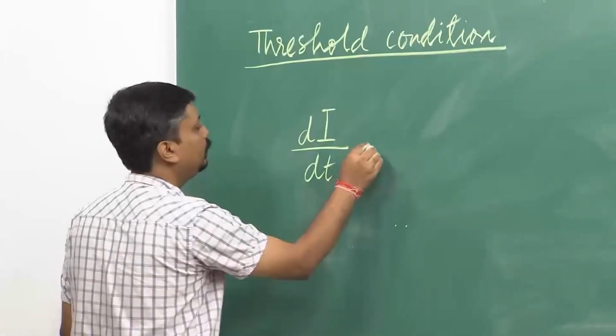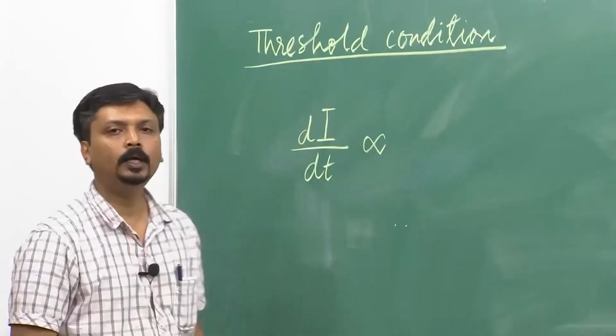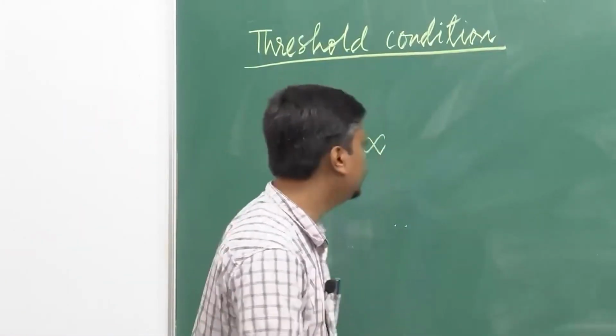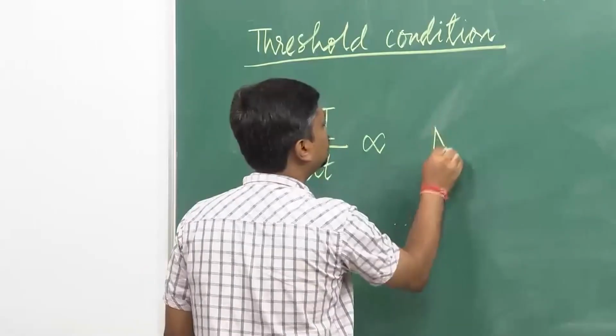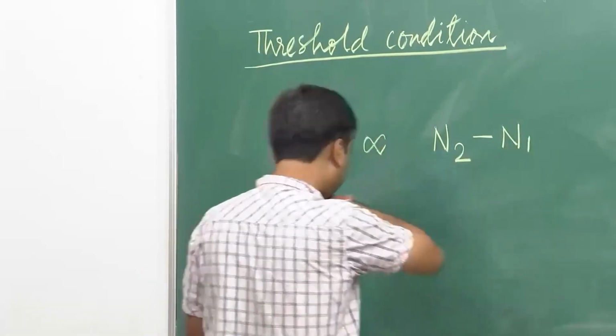This is proportional to the difference in the population of the excited and the ground state, right.